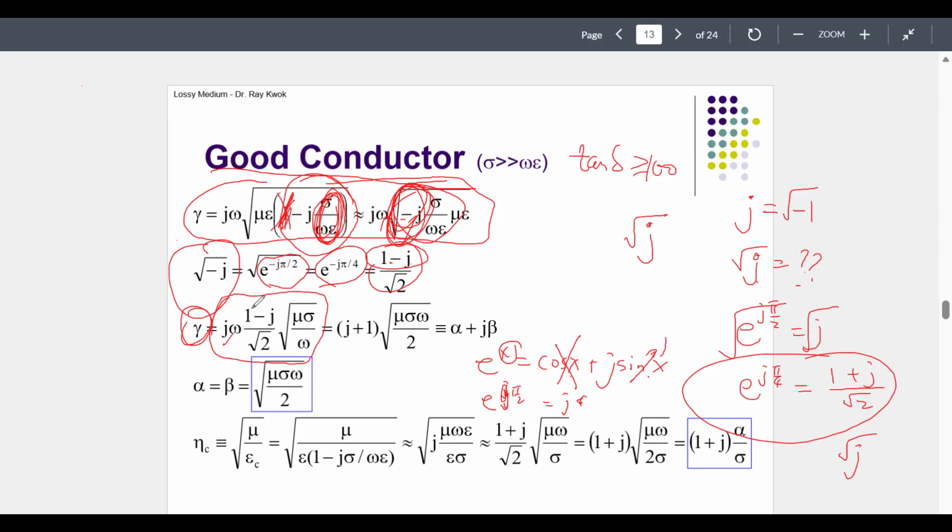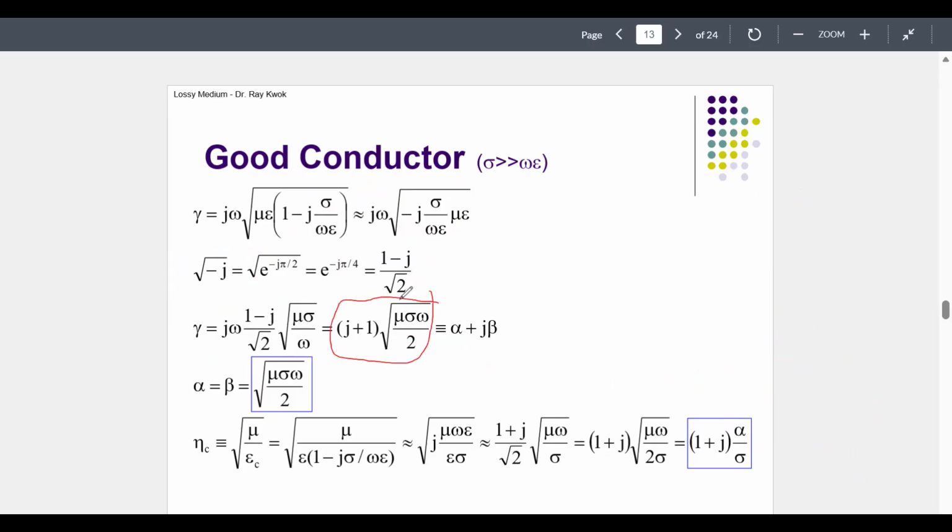And then you have a j, you have 1 minus j, you simplify it, and then you have a square root of this. And we say gamma, the propagation constant, has the real part, the attenuation constant, and the imaginary part, the oscillations, the phase constant. But wait a minute, when you look at this, what do we see?